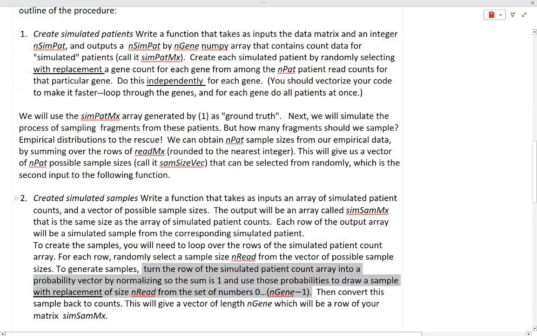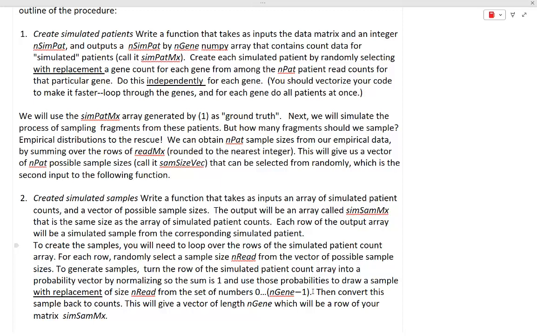Now, by the way, when you're testing your code, I would recommend testing with a relatively small set of patients and a relatively small set of genes. You don't have to use the entire read mix at the beginning to do your testing. You can take a sub-selection during your testing, and then finally, once you've made sure that your code is correct, you can use the entire data matrix.